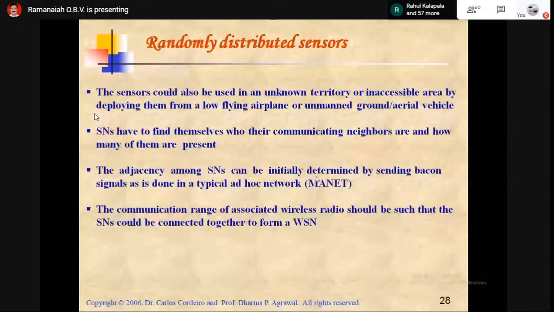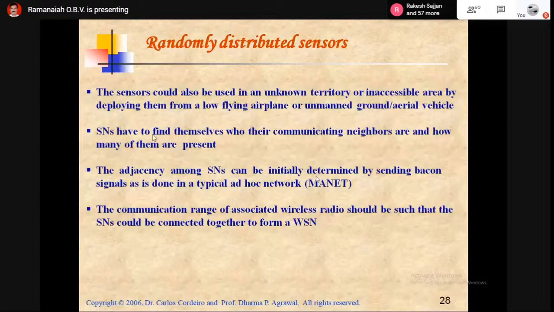In the field, a farmer will be sprinkling the fertilizer or sometimes seeds also, right? So the advantage with this is so much of flexibility, right? You can randomly, on the fly, spontaneously, you can decide, you can make up your mind, and then you can sprinkle them, deploy them randomly.